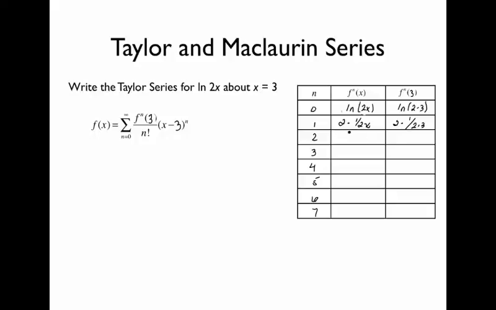Next derivative would be 2 times negative 1 over 2x squared. I think we should simplify this one. Yeah, it can just be 1 over x.